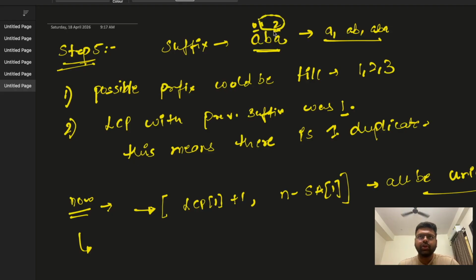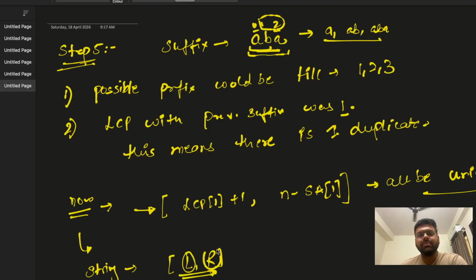Here I am talking about the length, so the length would go from A, B, and then 2, which is A, B and A. I would not be taking this particular A, right? So in this way, for each of the strings I would know their L to R, right? From this minimum length to this maximum length, there would be substrings, right?